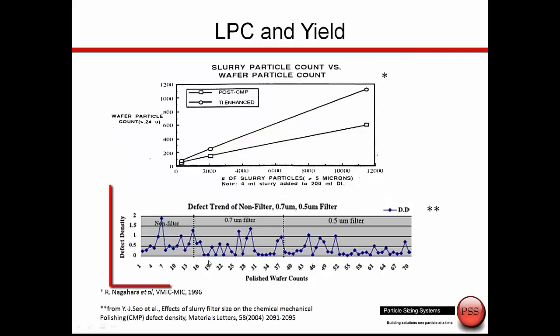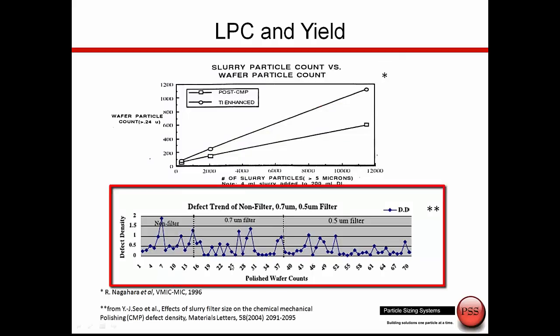In this other study, the graph I show at the bottom here, we're not looking at large particle counts. They were filtering the CMP slurry with a point-of-use filter, and we're looking at defect density. We start with no filter, then we're filtering with a 0.7 micron rated filter, and then 0.5, and we see this defect density decreasing as we do finer filtration.